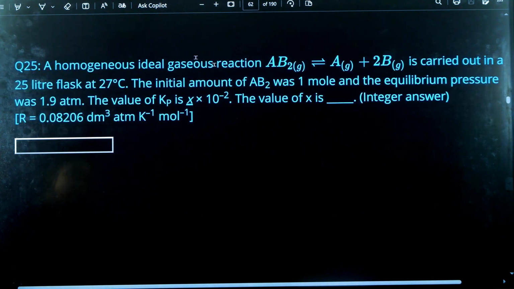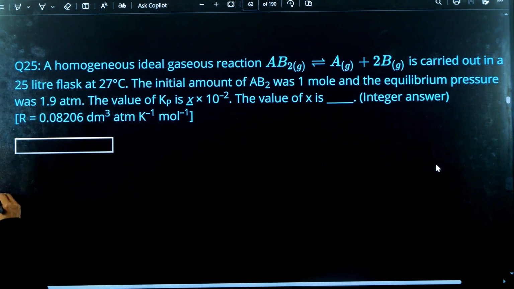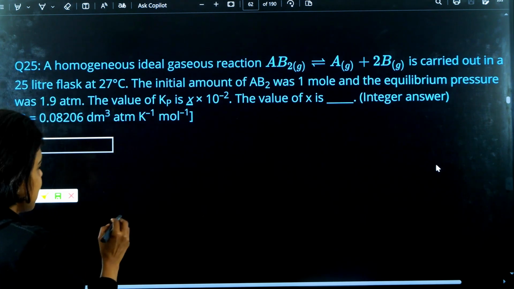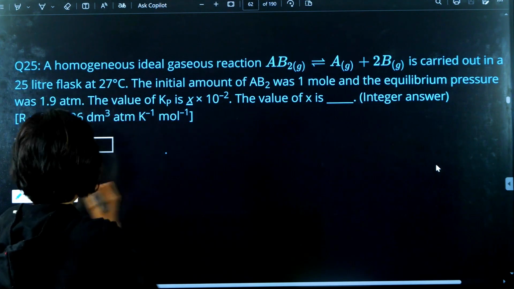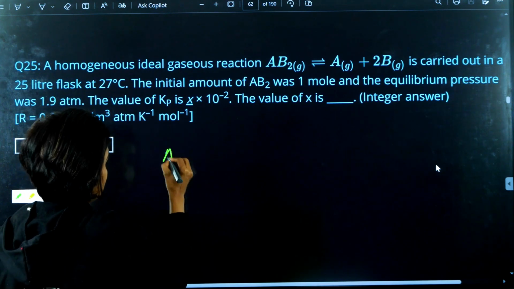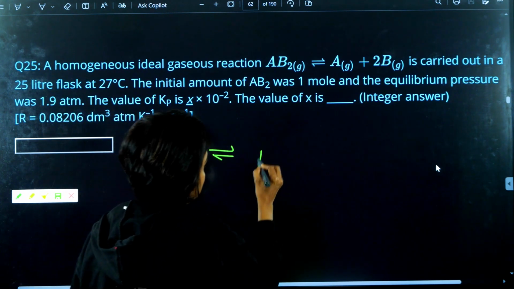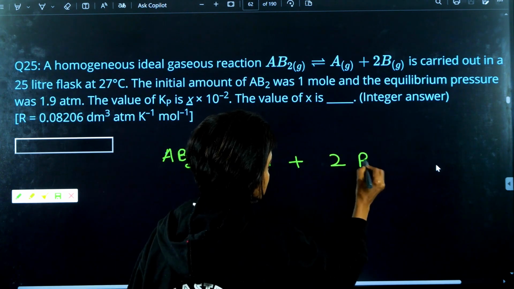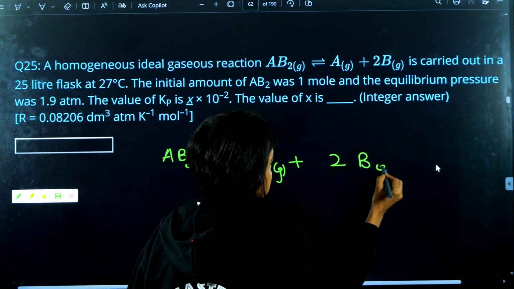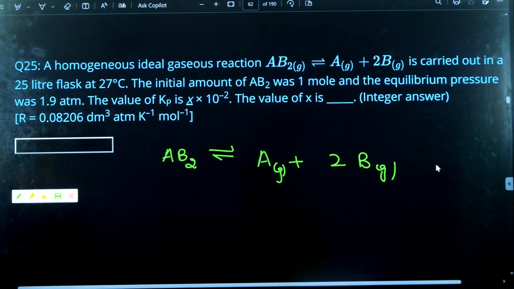Now the last question, let us check what is the last question. A homogeneous ideal gaseous reaction. So we have a gaseous reaction, AB2 gives A plus 2B gas, right? It is carried out in a 25-liter flask.